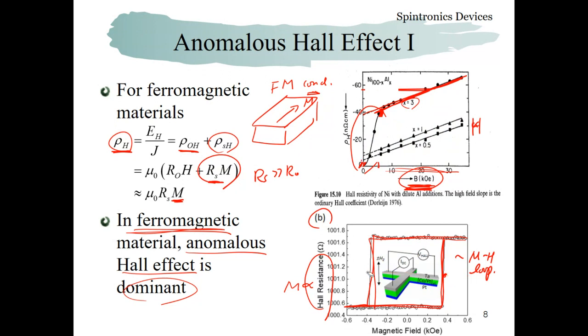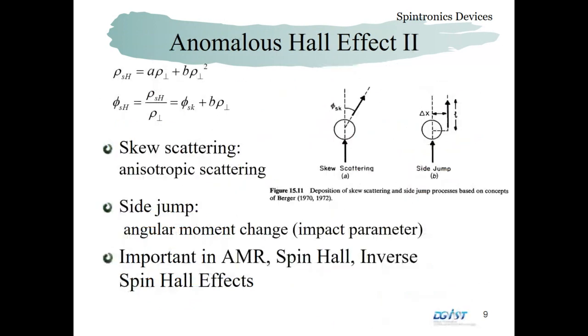But in general, in a strong ferromagnet, the contribution of the anomalous Hall effect is much larger. Then what is the possible origin of such an anomalous Hall effect?